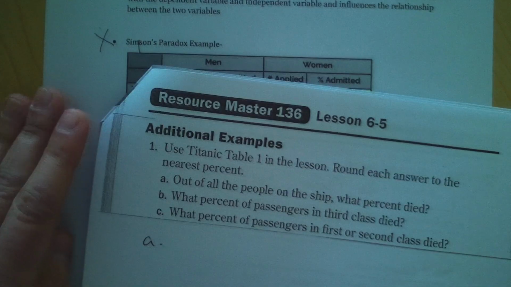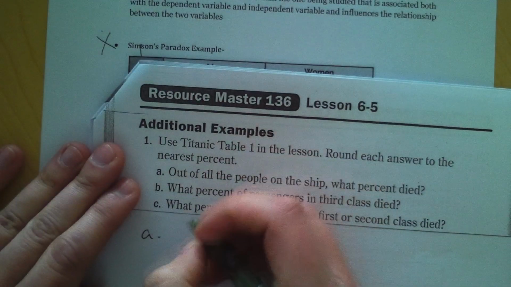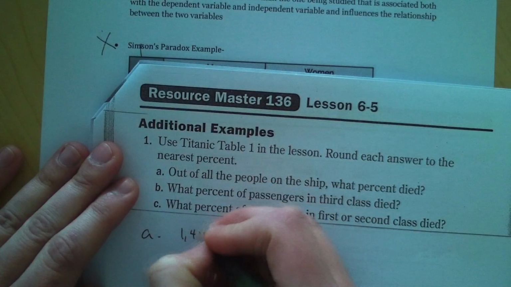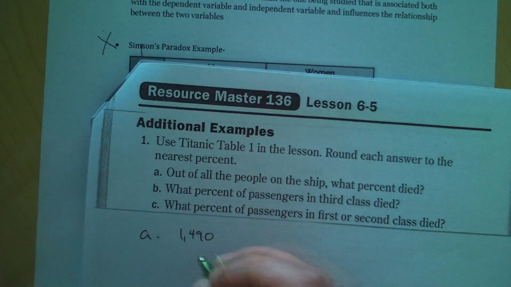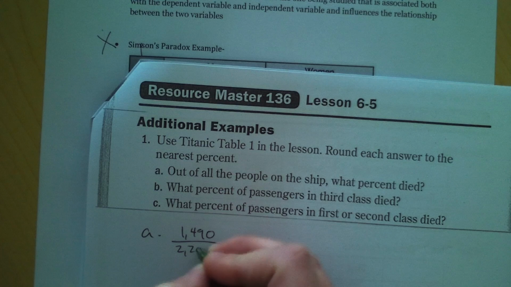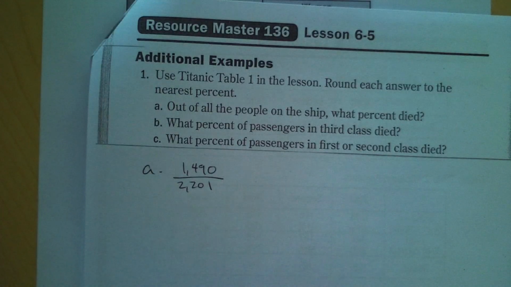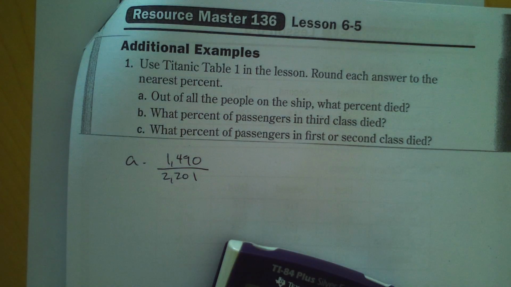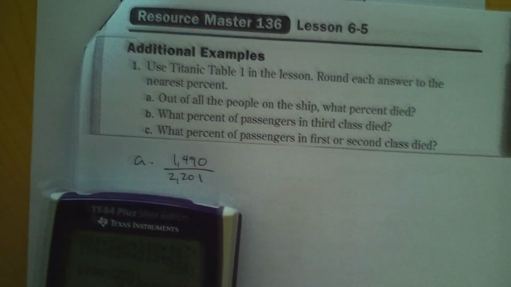Okay, and then B, what percent of passengers in third class died? So again, it's kind of unfortunate we have to flip back and forth here. But third class passengers that died, I'm not 100% sure, it might actually be this number here. But here was our third class passengers, here was our total passengers in third class, and they only care about the ones in third class.